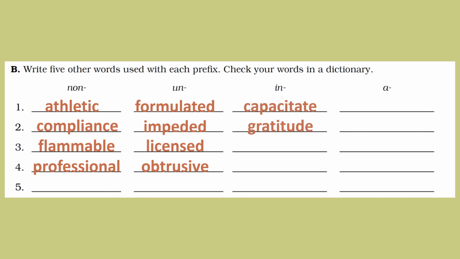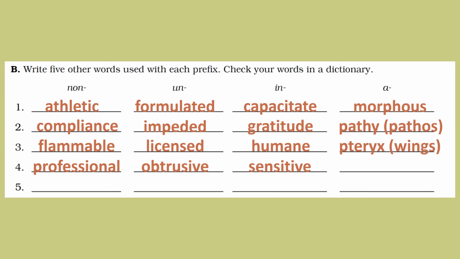Incapacitate, ingratitude, inhumane, insensitive. The last one we have a. Let's see some examples. Amorphous, apathy, apteryx, and finally apeiretic. So I left the fifth one for you to find, for non, an, in, and a.